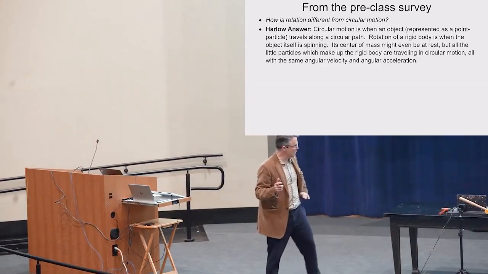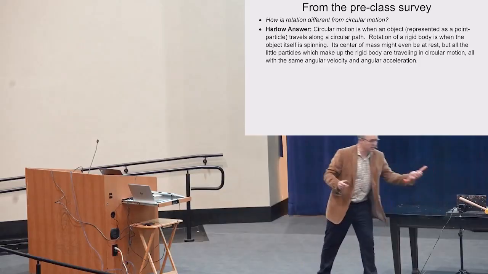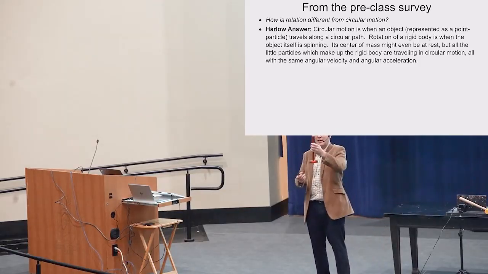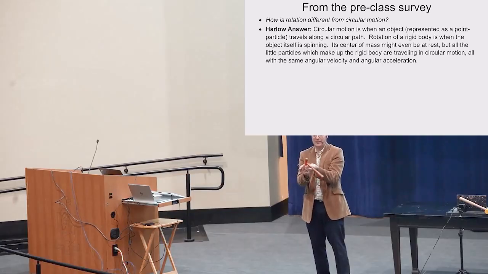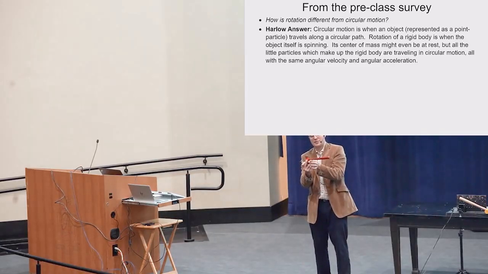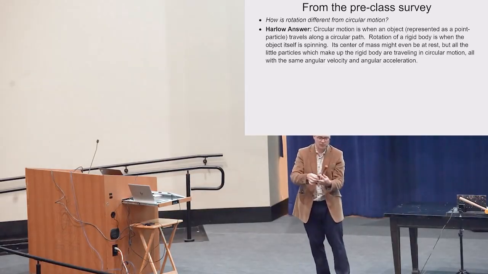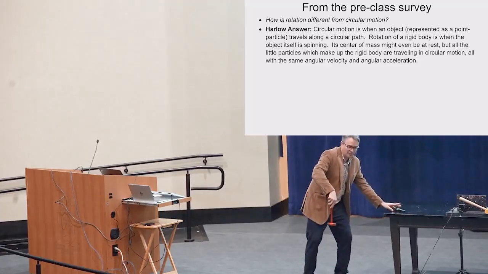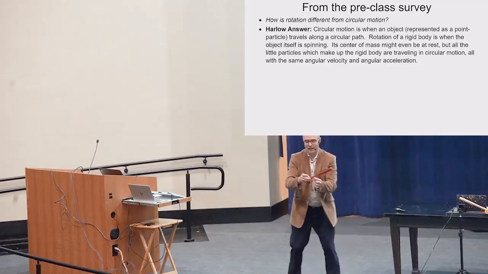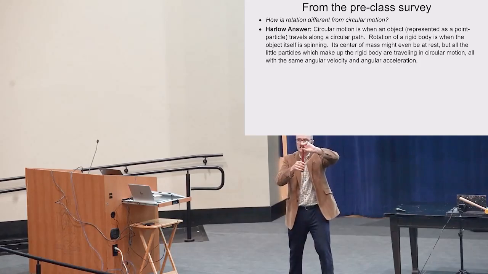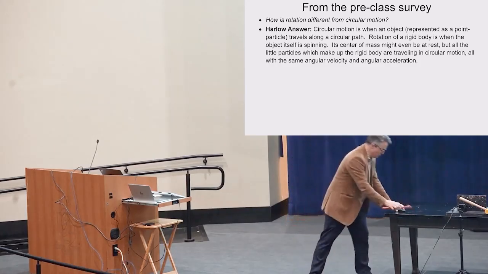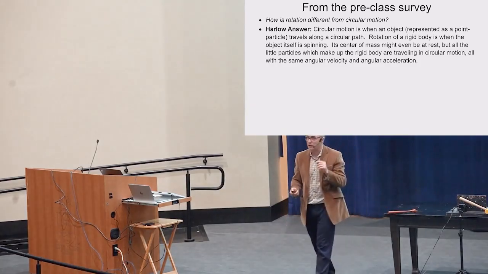Rotation is when you've got an object which now has a shape and it can rotate around something. You might even have, here's the center of mass of something, and it can rotate around that center of mass. And if you toss something now, it could have both: the center of mass giving some motion and some rotation about that center of mass. So this is kind of a new concept, and it requires you to think about torque.